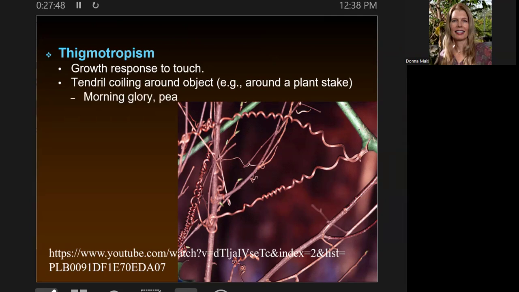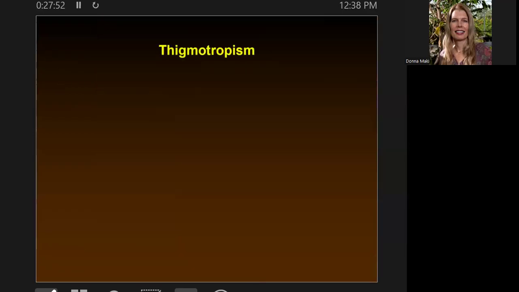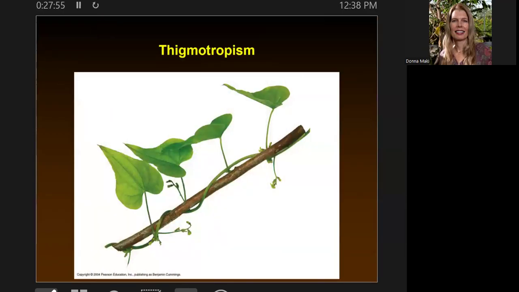So morning glory plants, pea plants, bean plants, that is very common. And there's a whole lot going on there when they're touching that branch that they're coiling around, or the garden stake. There's a whole lot of gene expression and shifting of asymmetrical growth going on, so that the part that's not touching, like this part up here, has sped up its growth, and that causes it to coil around like that. So it's pretty effective.